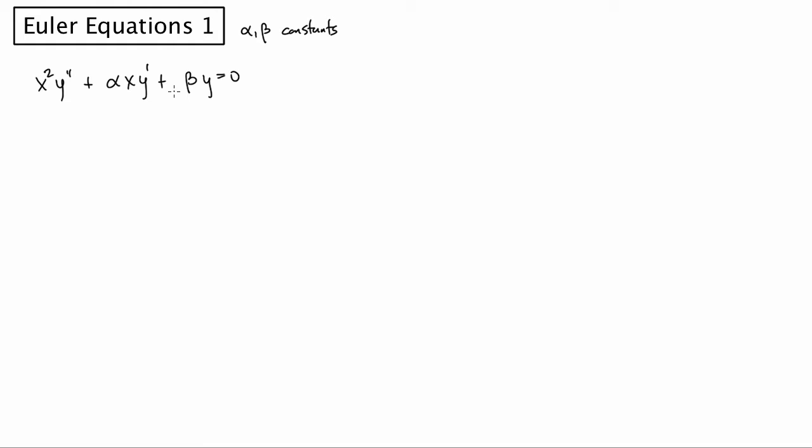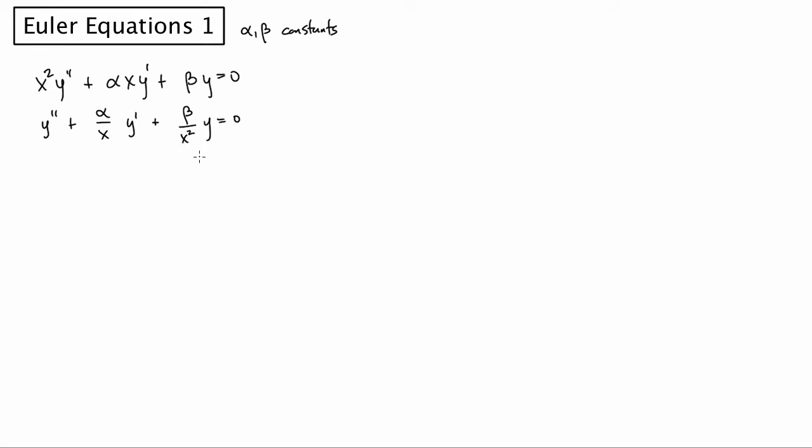For this particular problem, since I did claim it's singular, let's go ahead and look at that by dividing through by x squared. Alpha x divided by x squared is alpha over x. And then with beta, when you divide by x squared, you're going to get beta over x squared y equal to 0.